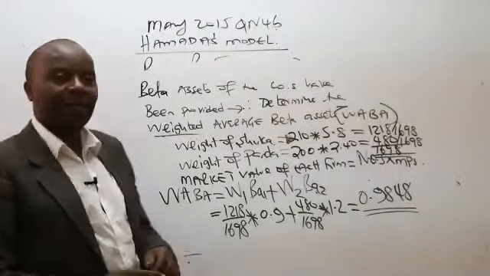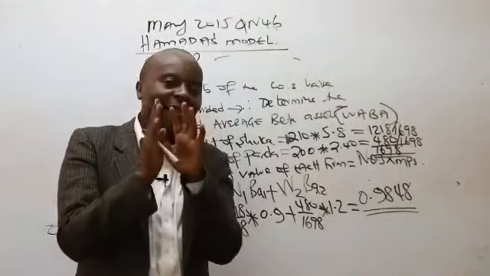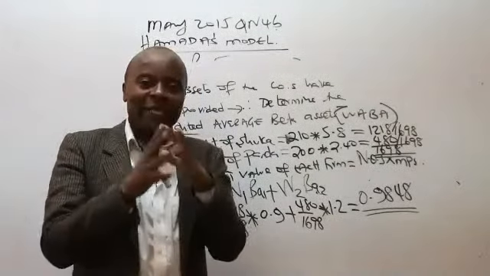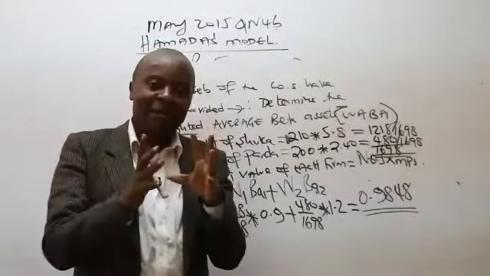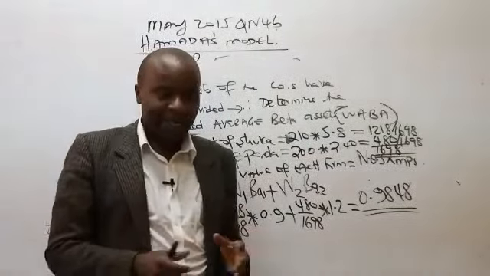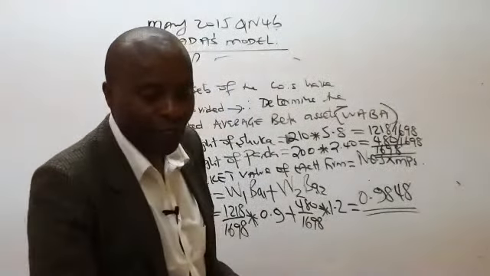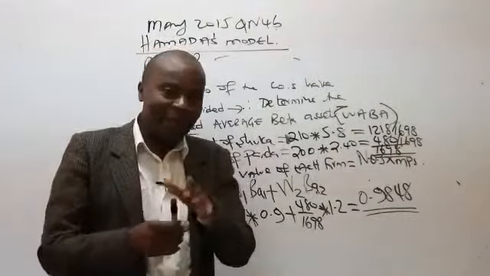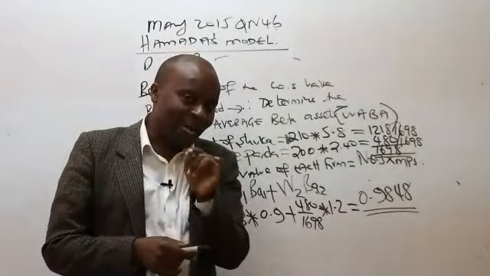The next thing, ladies and gentlemen: now that I have the consolidated beta assets, which is the same as the beta assets of the combined entity, what do you want to use these beta assets for?